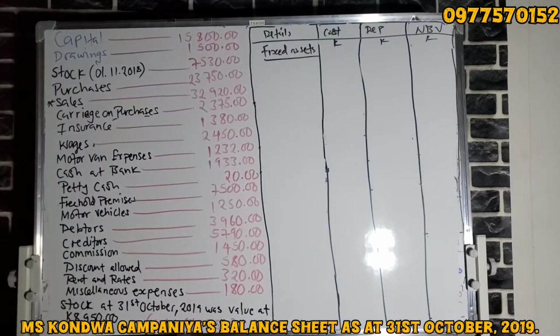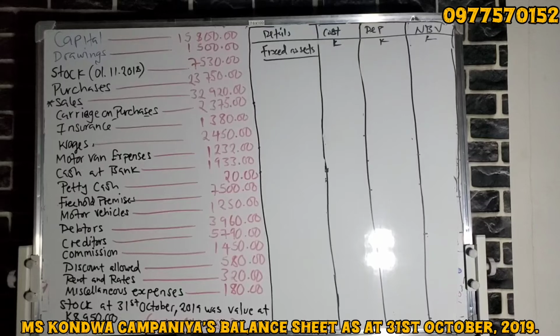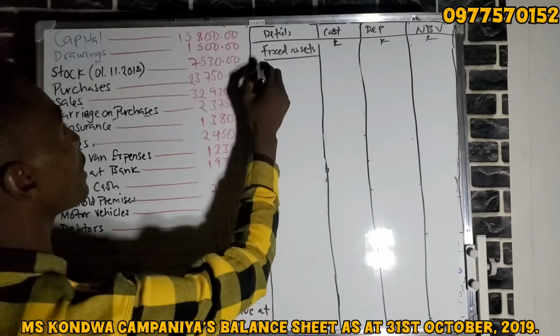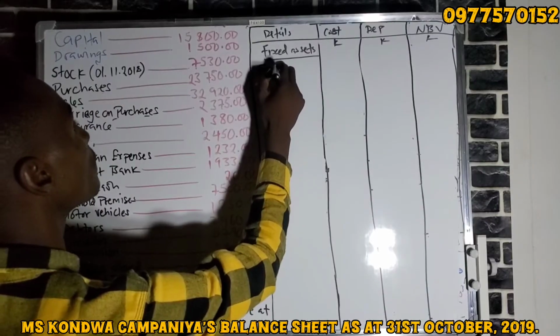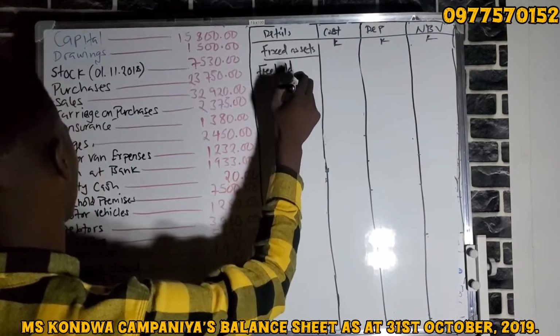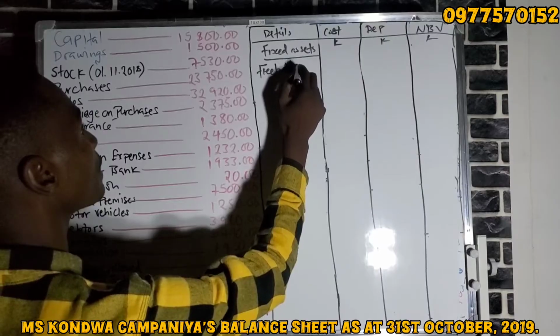Fixed assets. So when you look at this, let's look at the fixed assets we have starting from the top, going down. We have these two, freehold premises and motor vehicles. Yes, that's all. So I'll write here freehold premises.